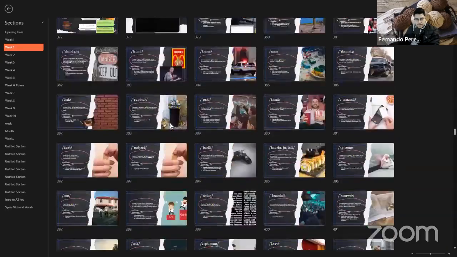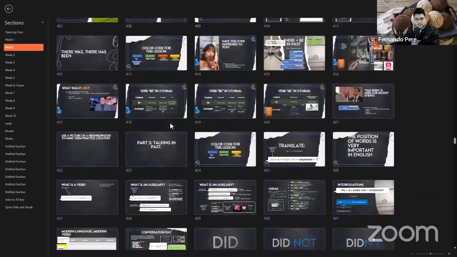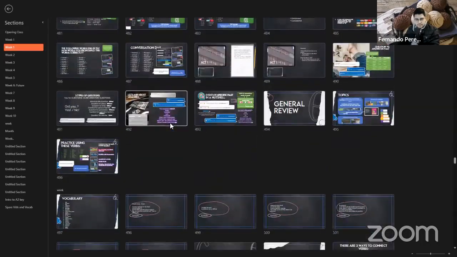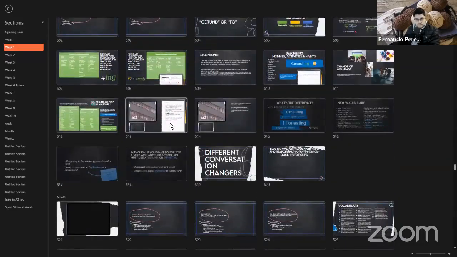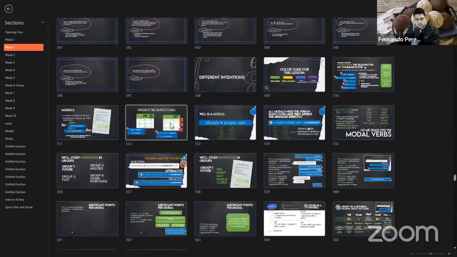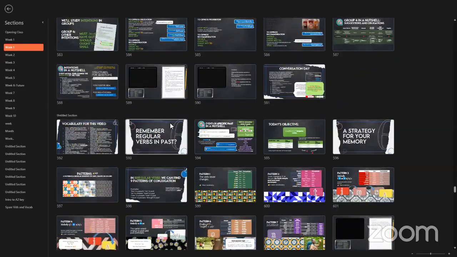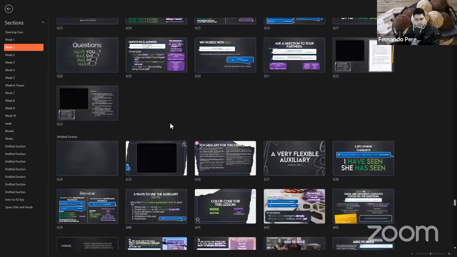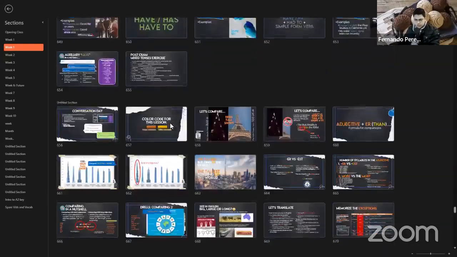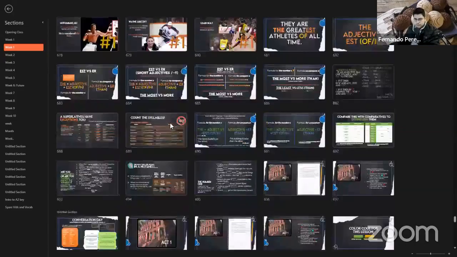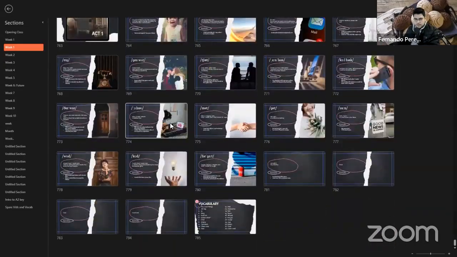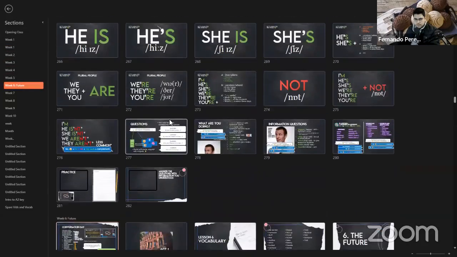Girls, do you have the screenshot of activities, to versus ing? I need your help. Maybe in the handbook? No, that's not in the handbook. I will include it in the handbook. But where is it?